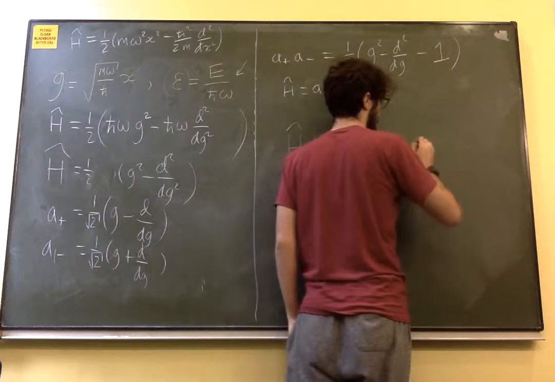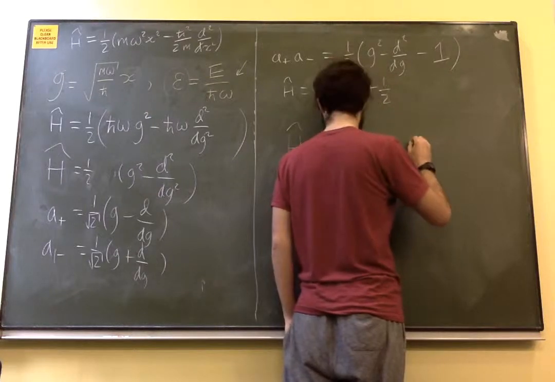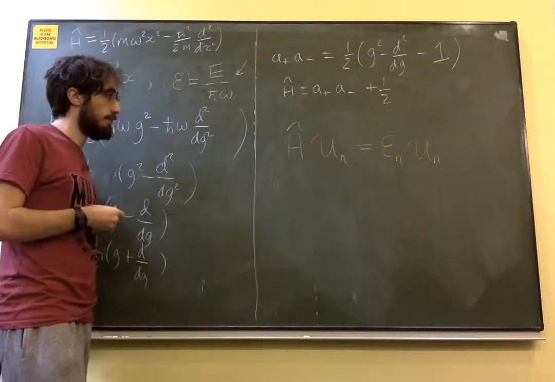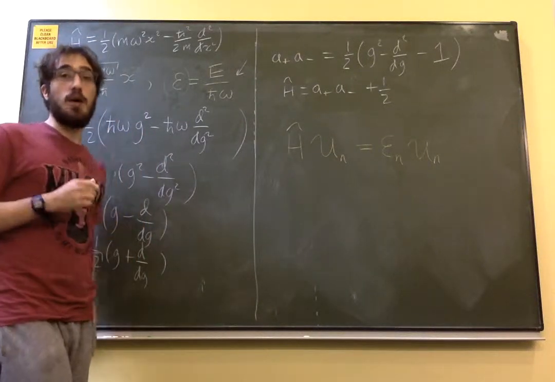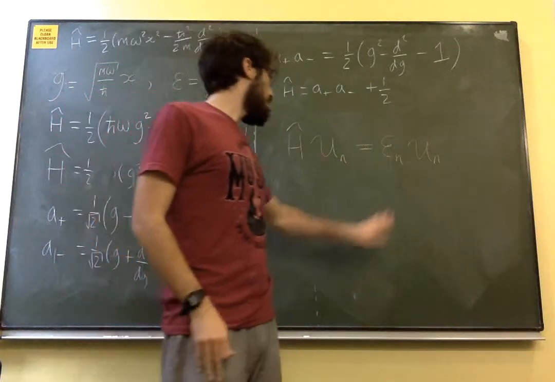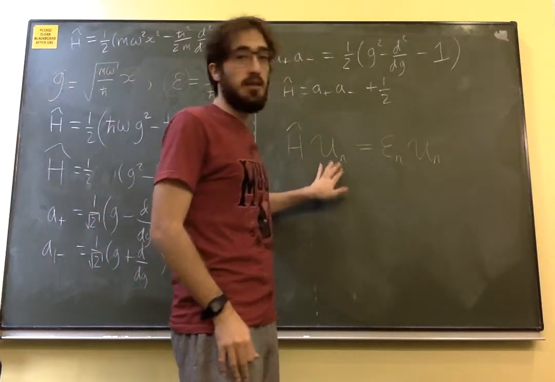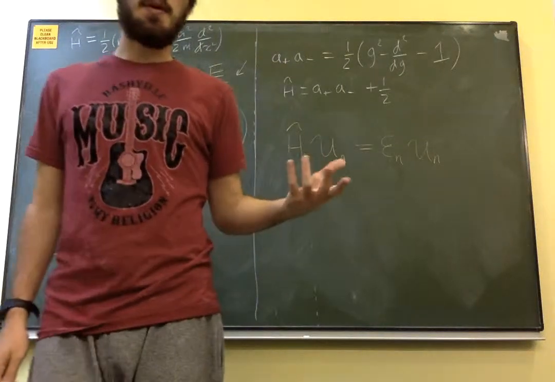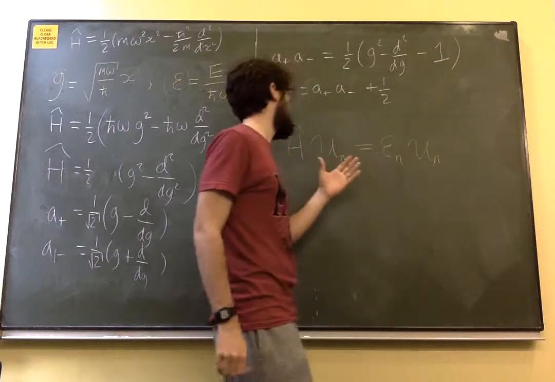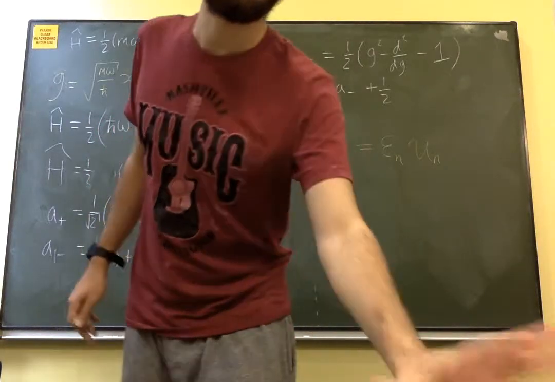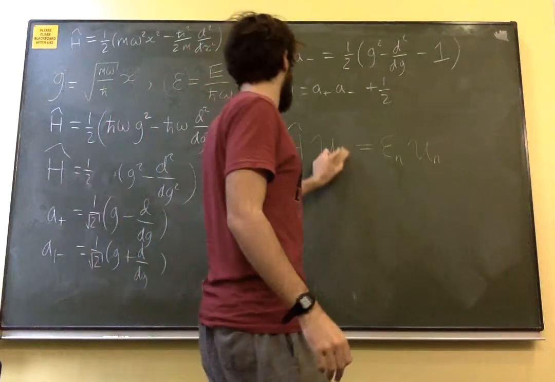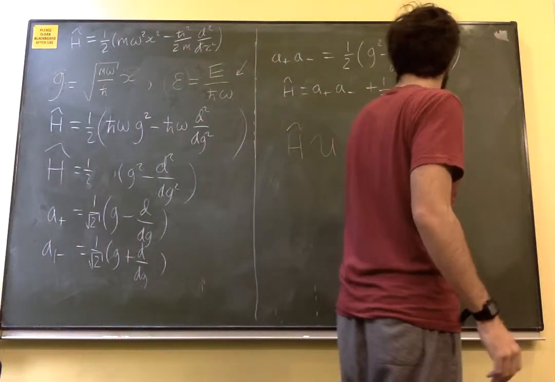Let's say that the energy is epsilon n. I don't know yet that the energy is quantized or anything like that. There's nothing right now saying, just from how I've written it, that things have to be discrete. In fact, let me forget about the label n. Let me just call this u.